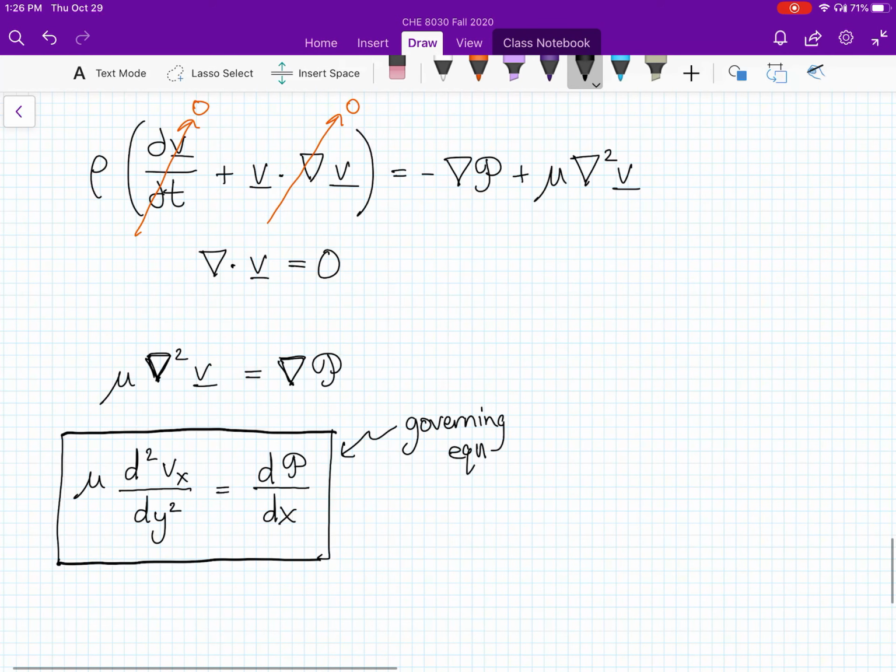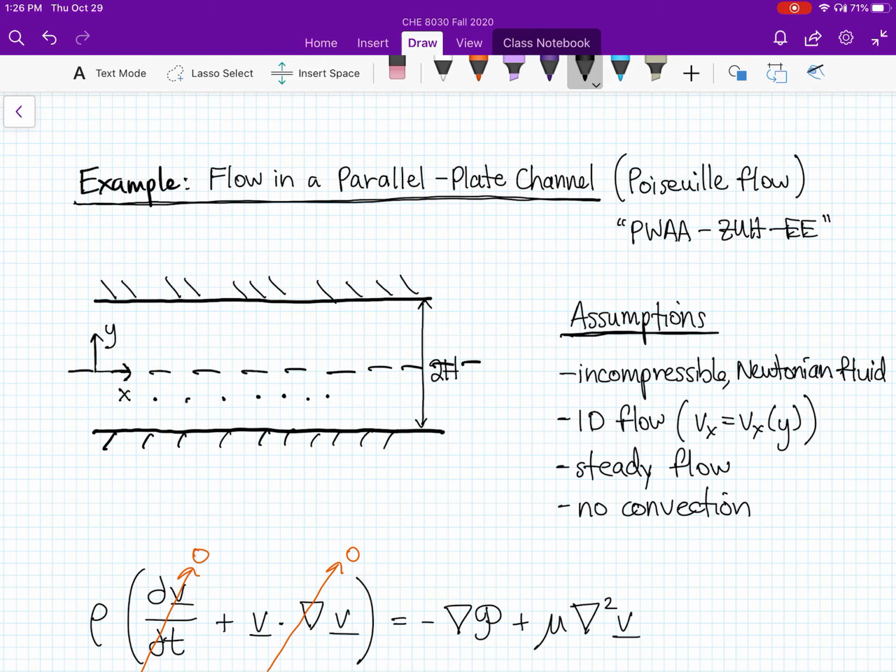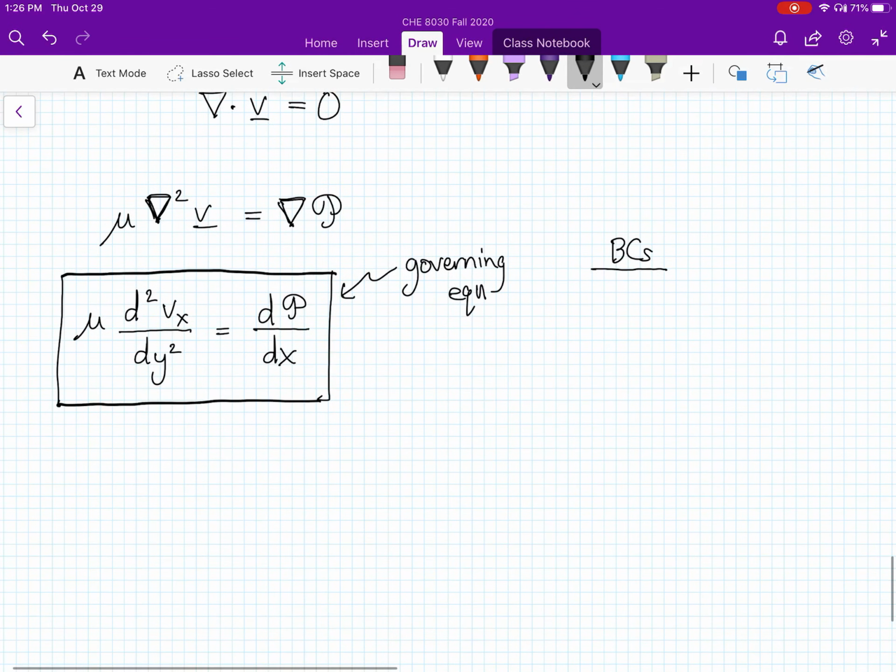I can also write my boundary conditions. I'm told that both plates are stationary. Therefore, I have symmetry in my system. That's why I've drawn the dotted line in the middle of the channel. I do not need to evaluate the entire channel due to the fact that I have symmetry.